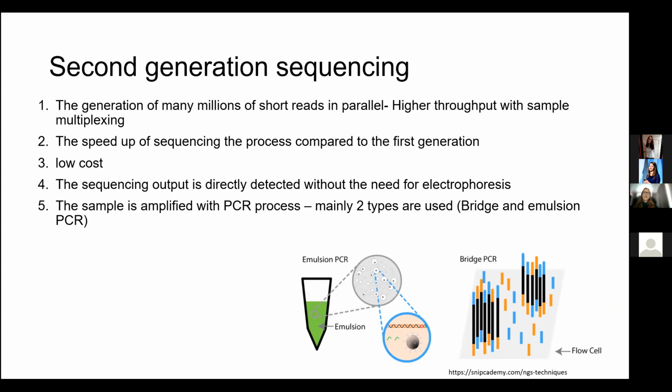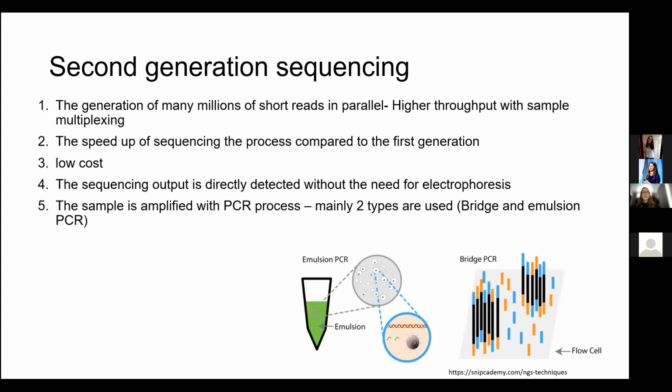Therefore, there is higher throughput, higher speed and moderate cost, and the sequencing output is directly detected without the need for electrophoresis, but there is a need for an optical system, and the sample has to be amplified by PCR.